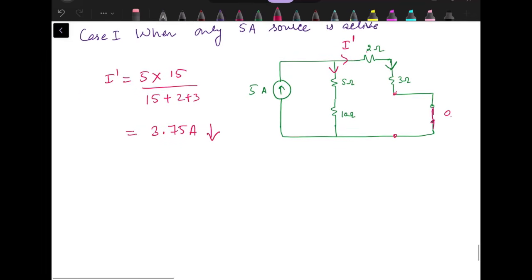Second case is when only the 20-volt source is active.